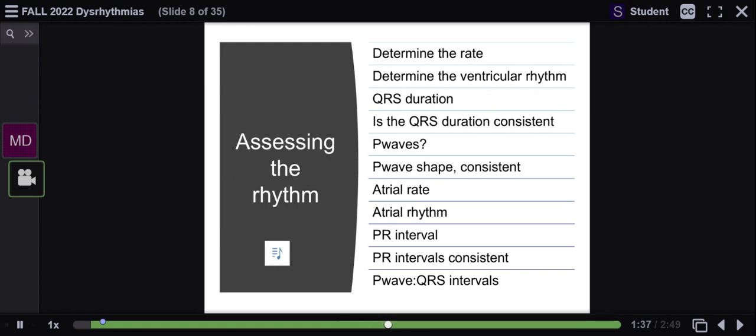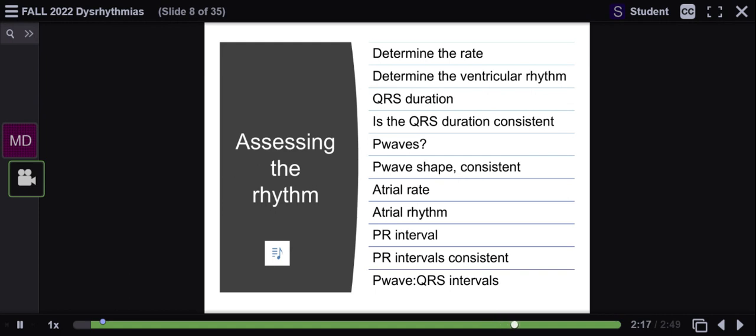Again, the previous slide shows you a perfect example of a regular rhythm, which is your rhythm strip A, and your irregular rhythm, excuse me, which is the strip B. If you're not sure that the rhythm strip is regular, I would take a blank piece of paper and mark it from one R to the next R, or from one P to the next P, and then follow the same spacing, move it around. You would know that it is an irregular rhythm if they don't have the same spacing.